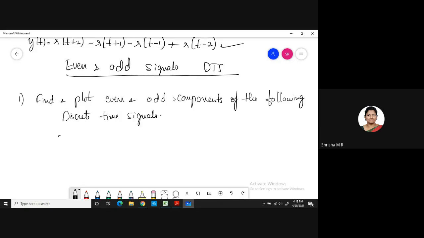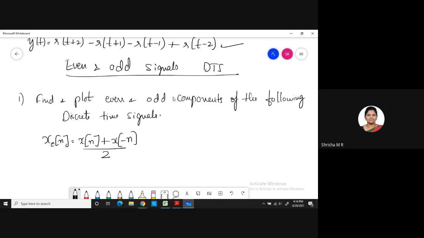So what is the even component of x of n? X e of n, what is the even component equation? x of n plus x of minus n divided by 2. This is the equation for even part of the signal.